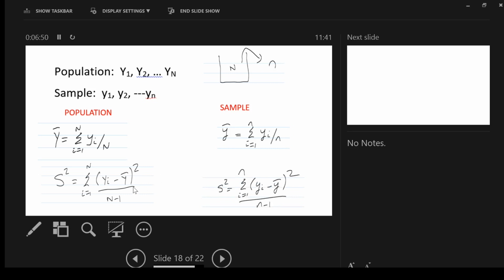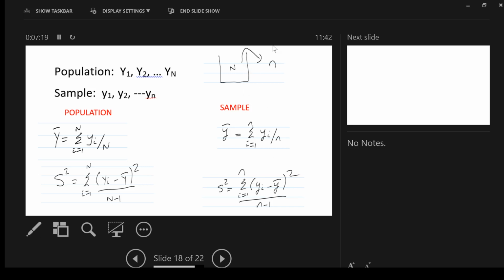There's a similar formula for the sample: just like this is the sum through the population of how far all the population values differ from their mean, you do exactly the same for the sample, and that's called little s squared. That's a measure of how much the elements in your sample vary. You generally don't know big S squared, but you certainly would know little s squared, because you've got all the sample values.